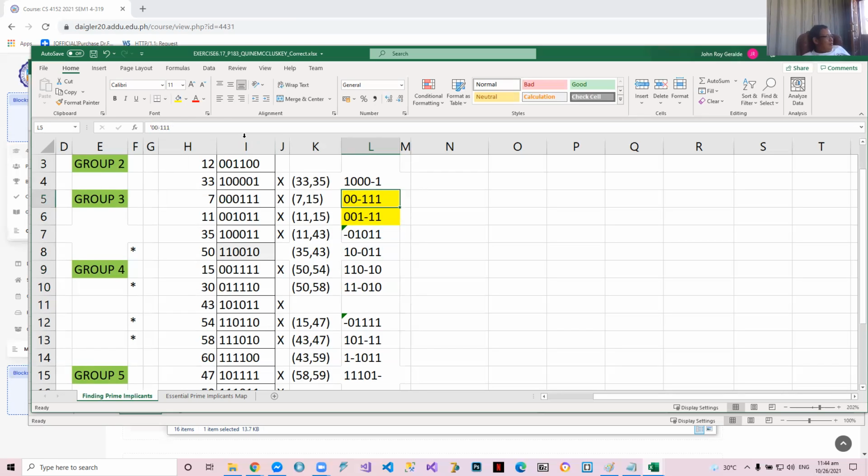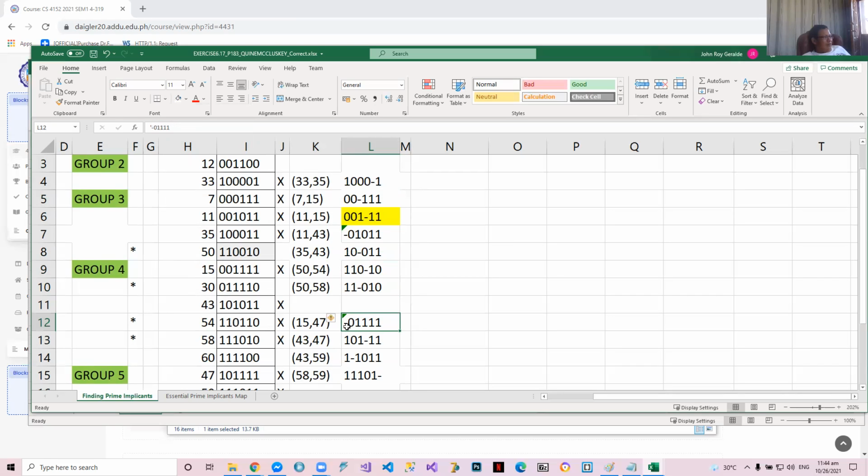So we no longer need to compare these three ones with group 4. This is group 4, this is group 3. Do you follow? We don't need to compare them because we have already compared them before, and we have shown that they didn't match. If they had matched, they would already be included. So we proceed here. Okay?